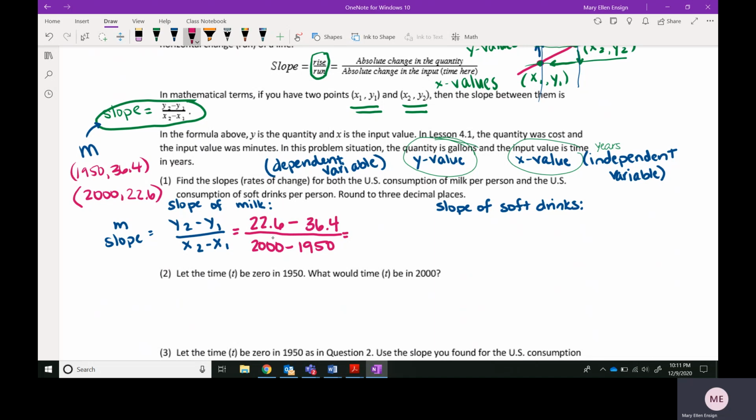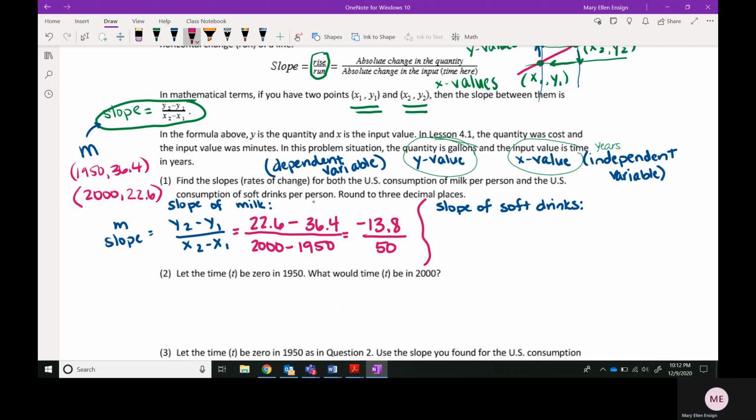Okay, if I subtract 22.6 minus 36.4, let's see what we get. So I'm going to do that on my calculator, and I'm going to get negative 13.8. So hang on to the thoughts about that negative for just a minute, okay? And then if I do 2000 minus 1950, I'm going to get 50.